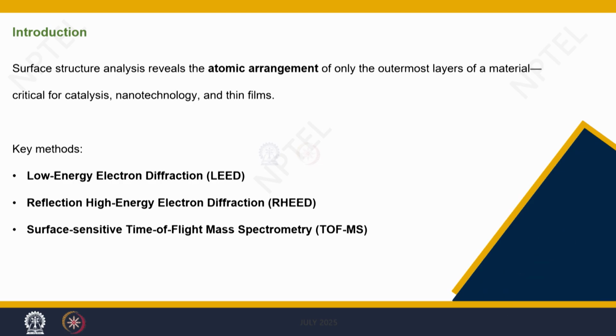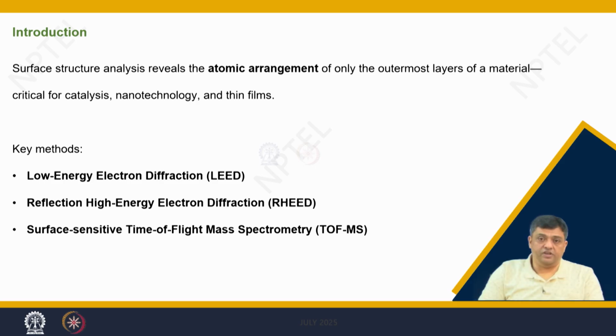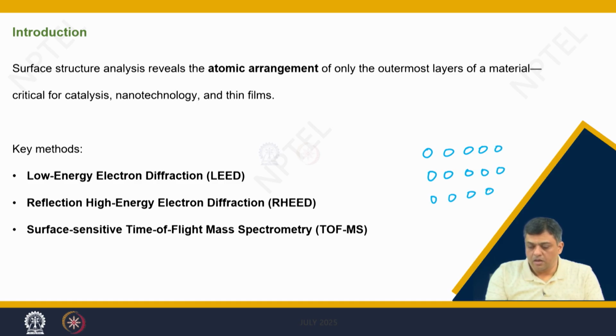When we talk about surface structure, what are we looking at? We are trying to understand the morphology or the surface structure, what is there on the top surface, because we have atomic arrangements, that is understood. And if you look into the 2D structures, then this is what you are looking at.